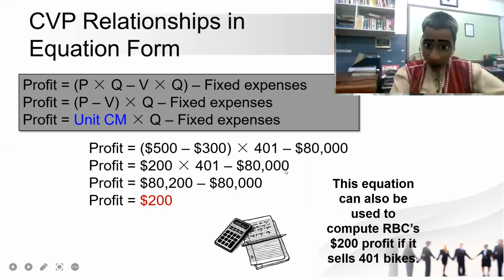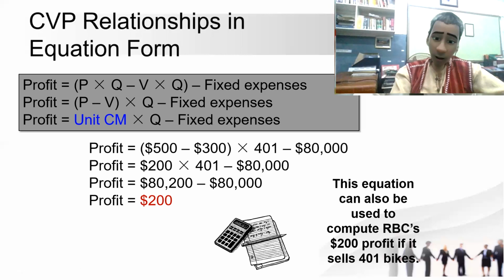Lastly, subtract 80,000, so 80,200 minus 80,000 is of course $200. This equation can also be used to compute the racing bicycle company's 200 profit if it sells 401 bikes. You can choose which one you want to use. So there are two ways to solve this problem.